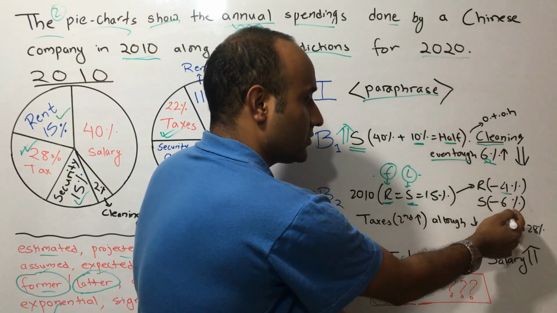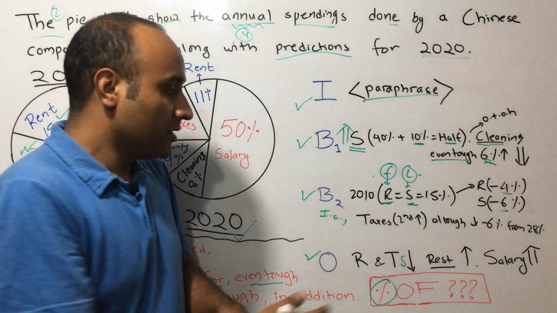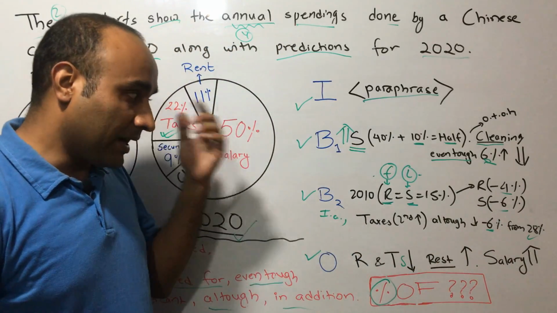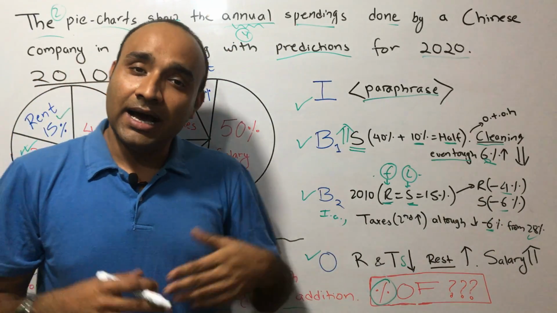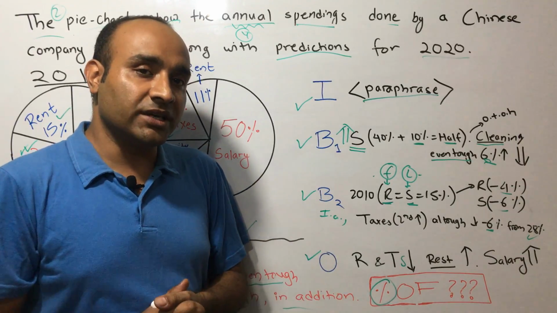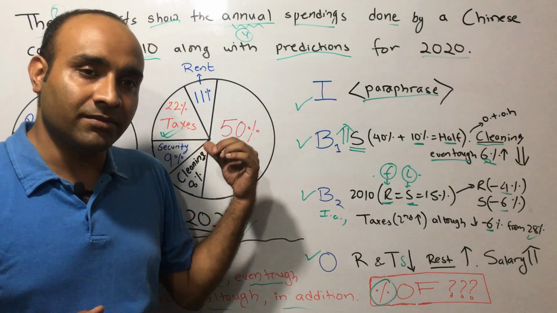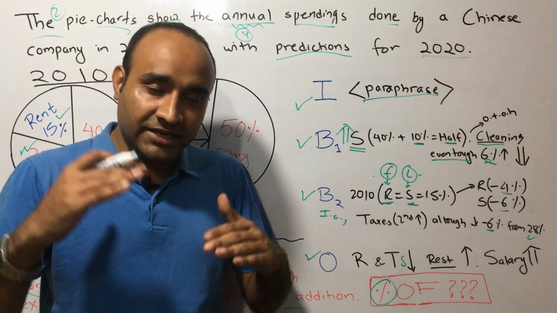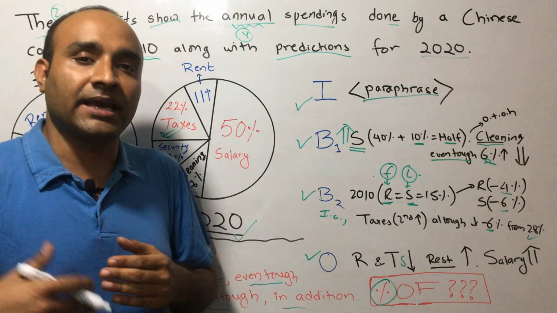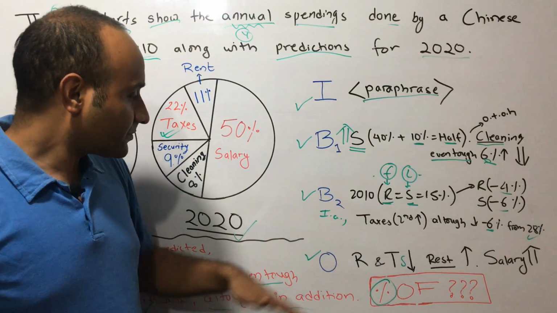So 4 and 6, once again, not mentioned in the diagram. So 28 was mentioned, but 6 not mentioned. So by doing this kind of combination, I'm creating a few numbers on my own, and then I'm using a few numbers that were already given to me in the question. So I'm creating a balance to stay away from being called a mechanical writer.